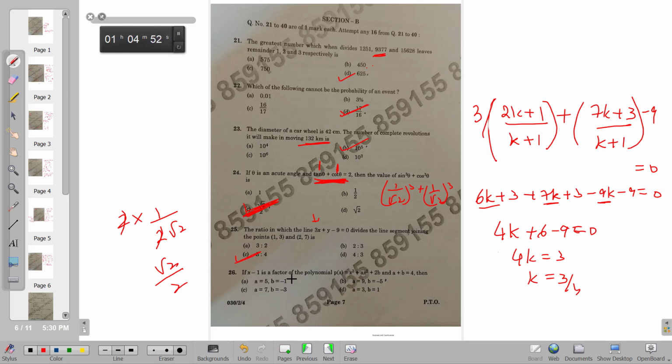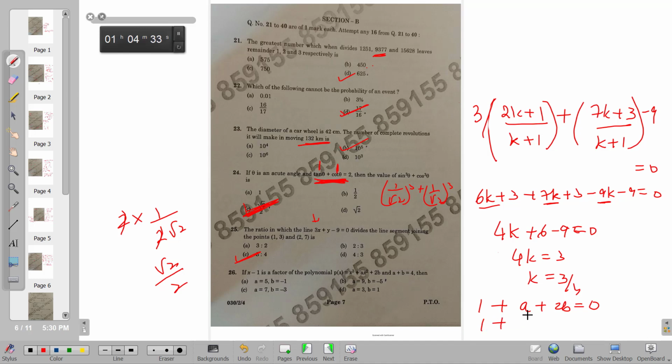If x minus 1 is a factor and a plus b is equal to 4, x minus 1 is a factor means what? 1 plus a plus 2b is equal to 0, or a plus 2b is equal to minus 1. And you already have that a plus b is 4.